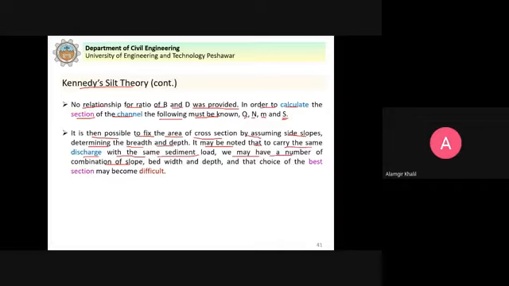If this value changes, we may have a number of combinations of slope, bed width, and depth, and the choice of the best section may become difficult. These are the drawbacks in Kennedy's theory that were addressed in Lacey's regime theory that later on came.